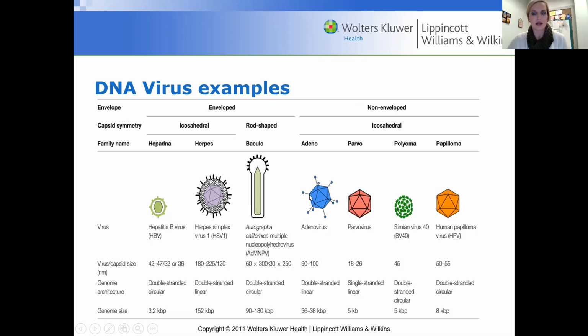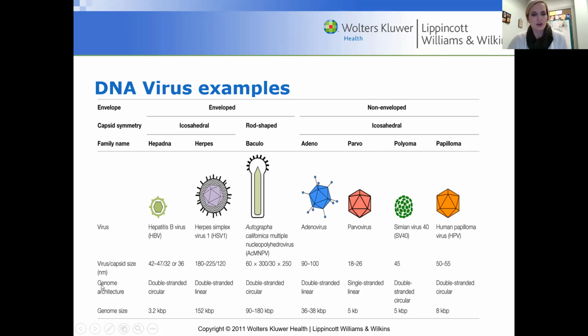Comparing the adenovirus to the herpes virus, you can see that the capsid shape is very similar. But again, the herpes virus has an envelope and adenovirus does not. Parvovirus, which is a virus that can make dogs very sick, has that particular capsid shape and is also non-enveloped. So again, we're seeing ways that we can classify viruses.